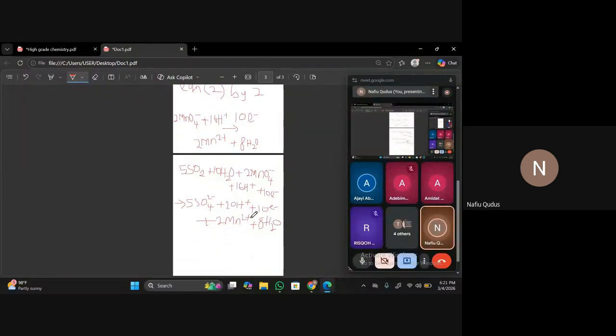So now we need to collect the like terms. Those that are the same, we remove them from each other. Now we have 10H2O here, right? And we have 8H2O here. When 8H2O comes here, this one will become 2, right?